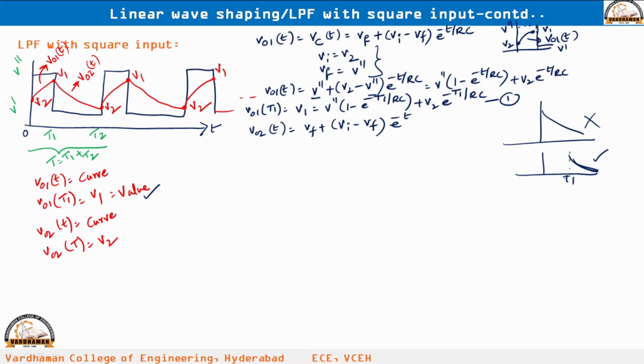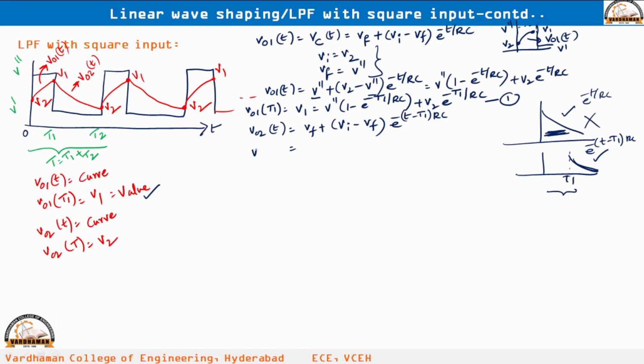That means instead of e power minus t by RC, this curve is e power minus t minus T1 by RC, that means a delayed version. You are shifting this particular signal to the right side by T1 seconds. So, here you have to take e power minus of t minus T1 by RC. Now, what is the final value?